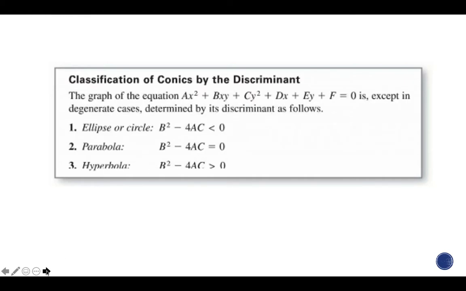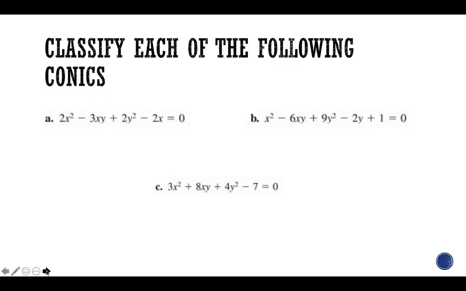Let's take a look at a couple of examples here. This is pretty simple and will be pretty quick and short. Let's take A here. We begin by setting up our discriminant. We recognize the coefficient of the xy term is b, the coefficient of the x squared term is a, and the coefficient on the y squared term is c.